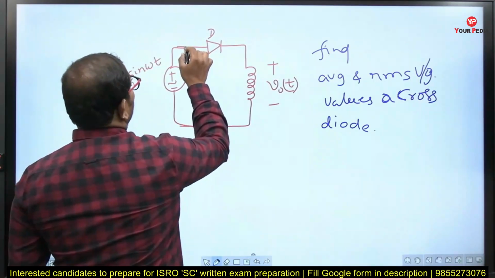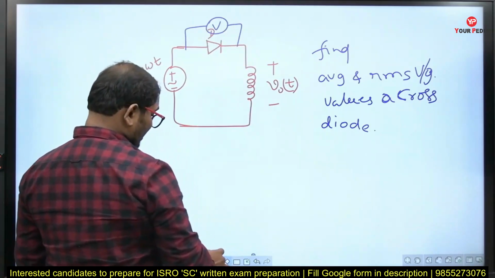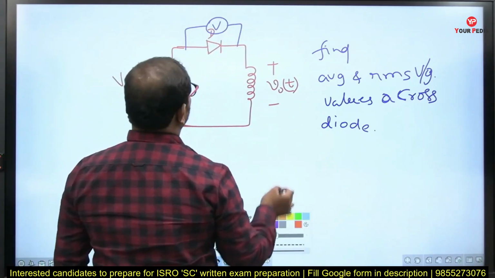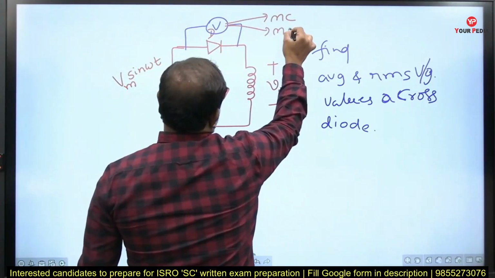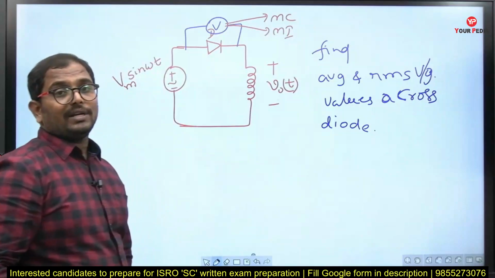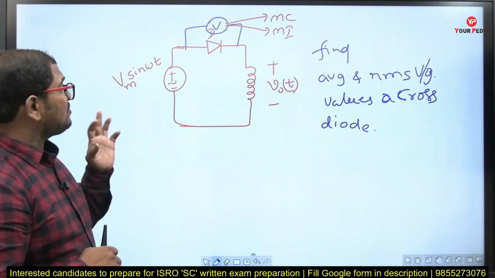Means here we need to connect a voltmeter. This voltmeter, first time it will be an MC type for the average value, another time we need to connect an MI voltmeter to get the RMS value. So this is how you need to answer this question.